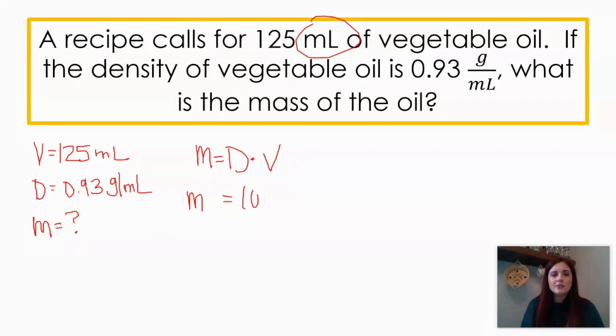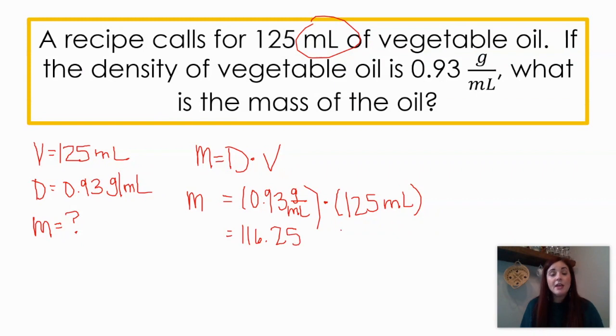The density is 0.93 grams per milliliter. And I'm going to multiply that by 125 milliliters. And when you do that, you get 116.25. This also has too many significant figures, so we want to round it.